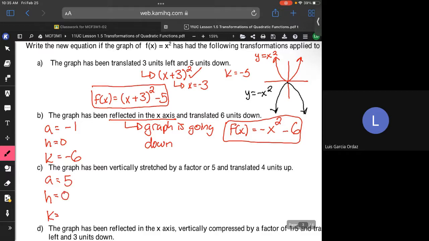Do I have a k? 4. How is that a 5? Because it's stretched by 5. So my graph is going to become f of x is equal to 5x squared. There's no h, so I don't need a bracket. And then plus 4.